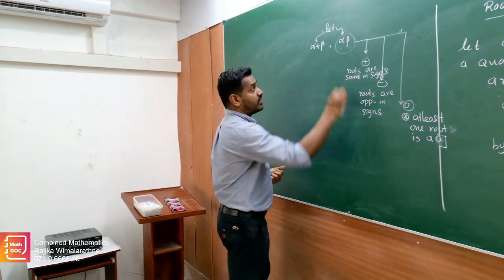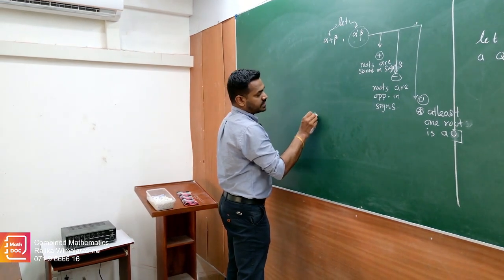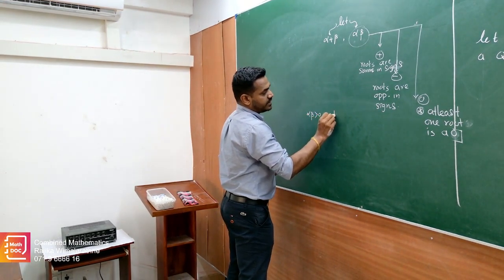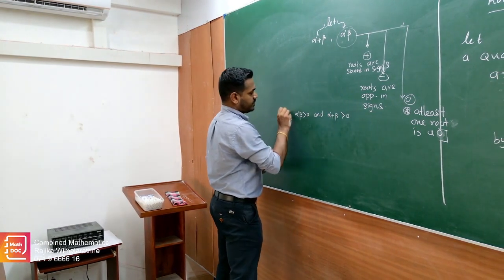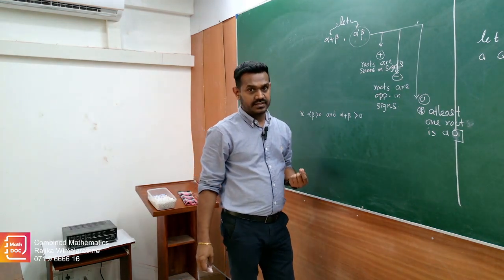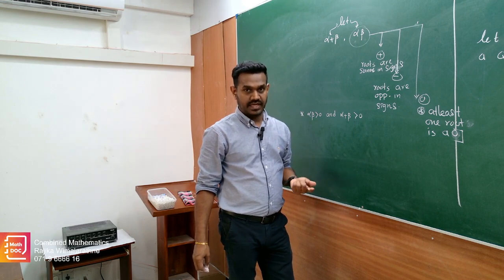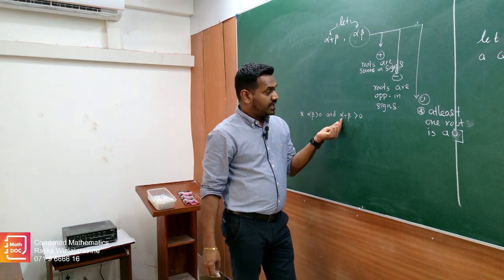So now with this one, alpha beta positive and alpha plus beta positive. Because of this we say roots are the same in sign. That means both can be positive or both can be negative. With this, if these two are negative, this cannot happen.